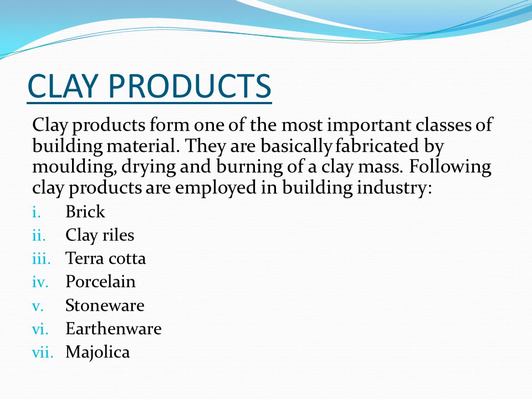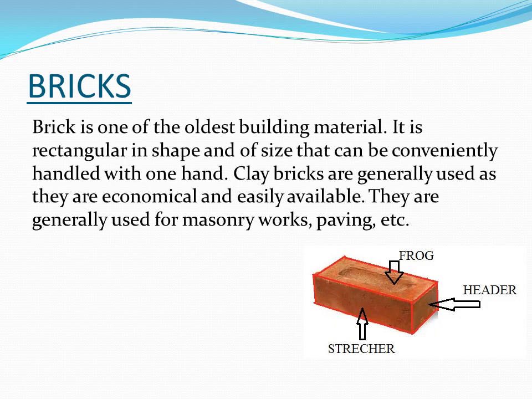Now we are going to study a few clay products. They are bricks, clay tiles, terracotta, porcelain, stoneware, earthenware, and majolica. First, we study bricks. Now, we all know what bricks are.